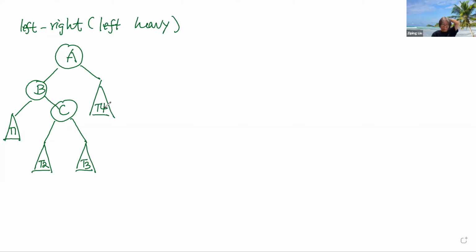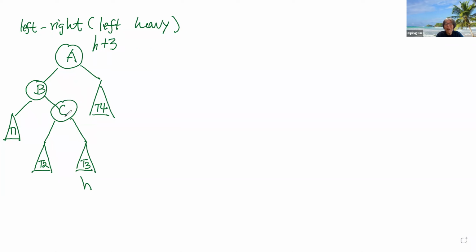Okay, so if you take a close look at node A and its height, assuming this is H, then its height is going to be H plus 3. That's its height.